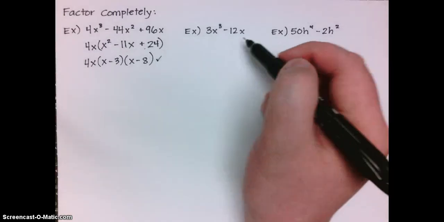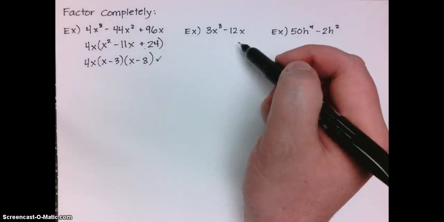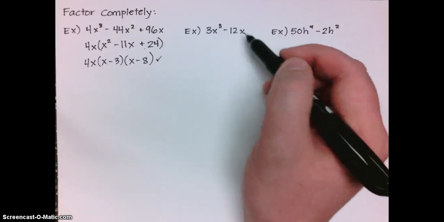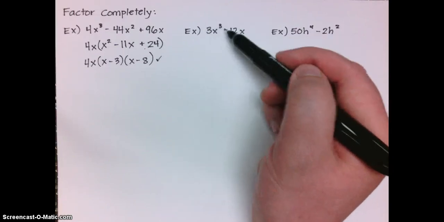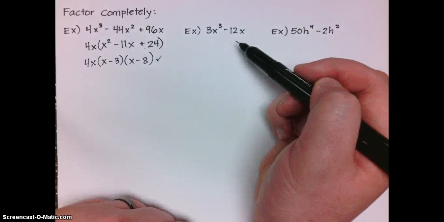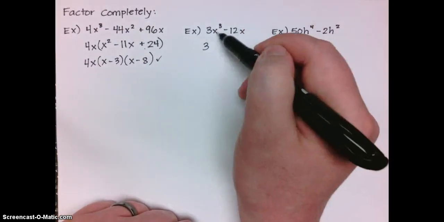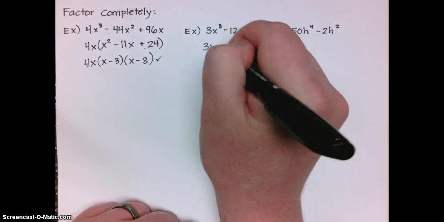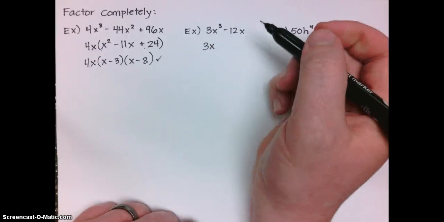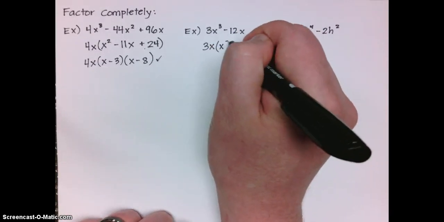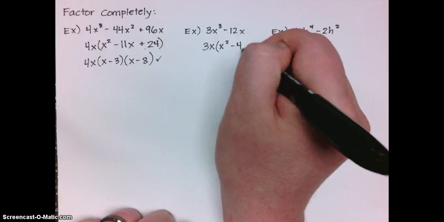Let's try another one. Now I have a binomial. It just has 2 elements. But I'm going to do the same thing. Let's see what is the greatest common factor in both of these. I have 3x cubed minus 12x. Between the 3 and the 12, I can pull out a 3. And between the x cubed and the x, I can pull out an x. So 3x is the greatest common factor. Inside, I'm going to be left with x squared minus 4.